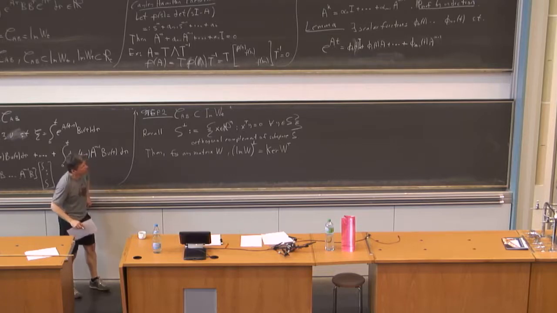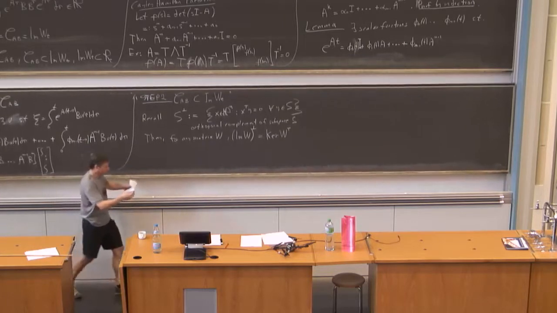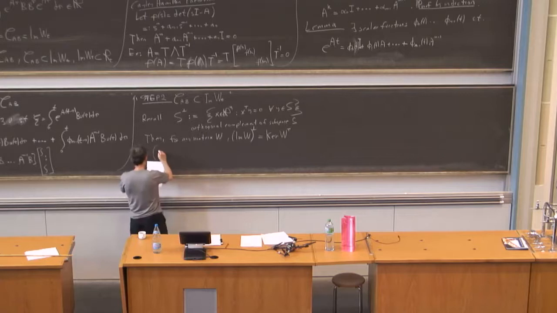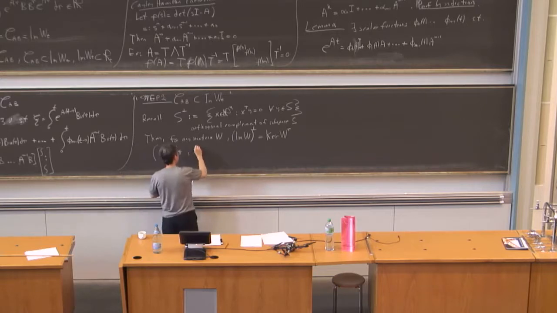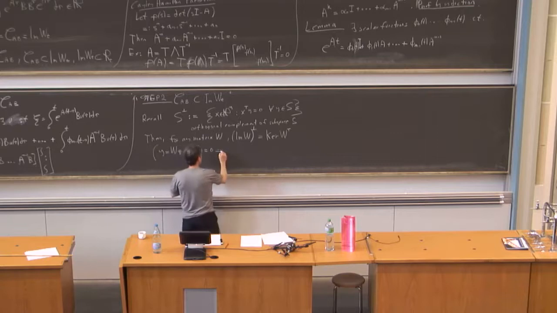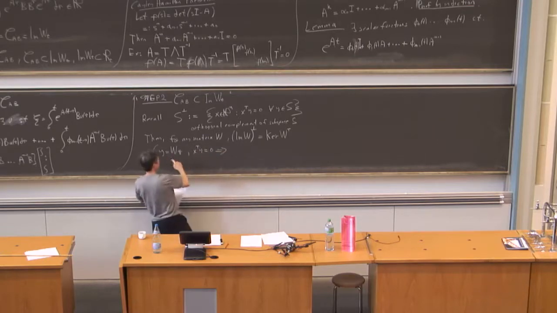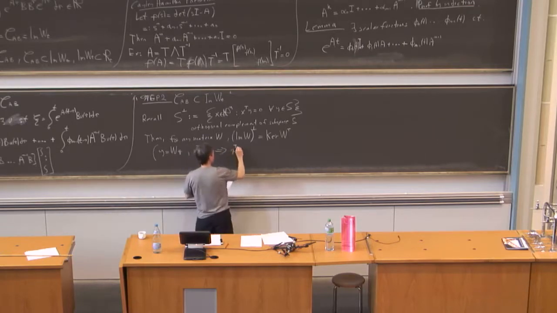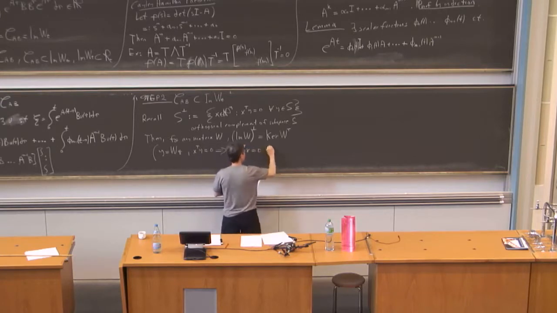I'm going to give you a one-line proof of that. If you have y equal to WQ, and you have x transpose y equal to 0, this implies that Q transpose W transpose x is equal to 0 for all Q, right?